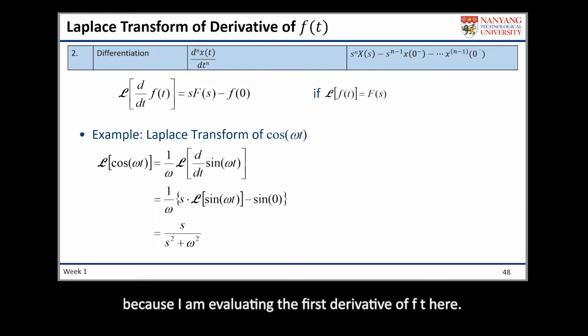So again, the Laplace of the first derivative of f(t) will be equal to s F(s) minus f(t) when t is equal to 0, where F(s) here is the Laplace of f(t). Okay, so if I know the Laplace of f(t), I can easily find the Laplace of the first derivative.